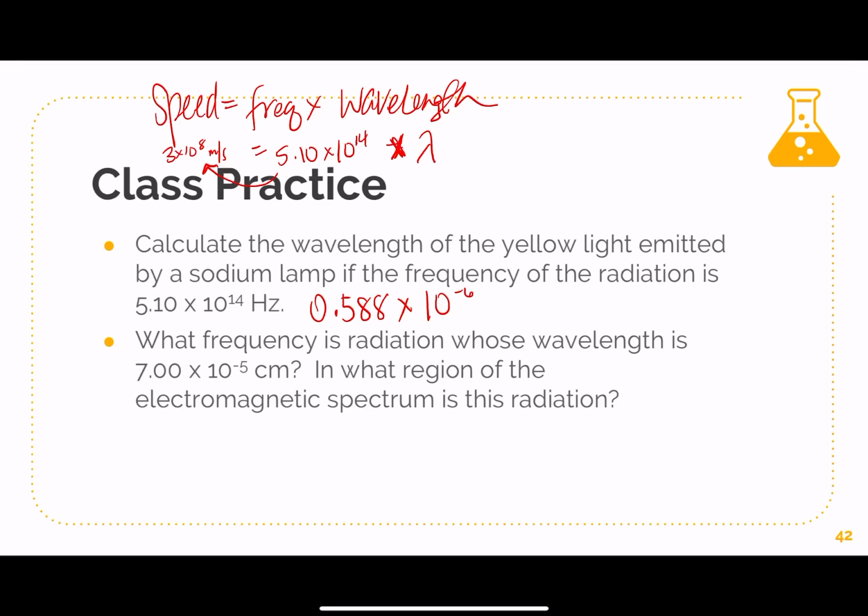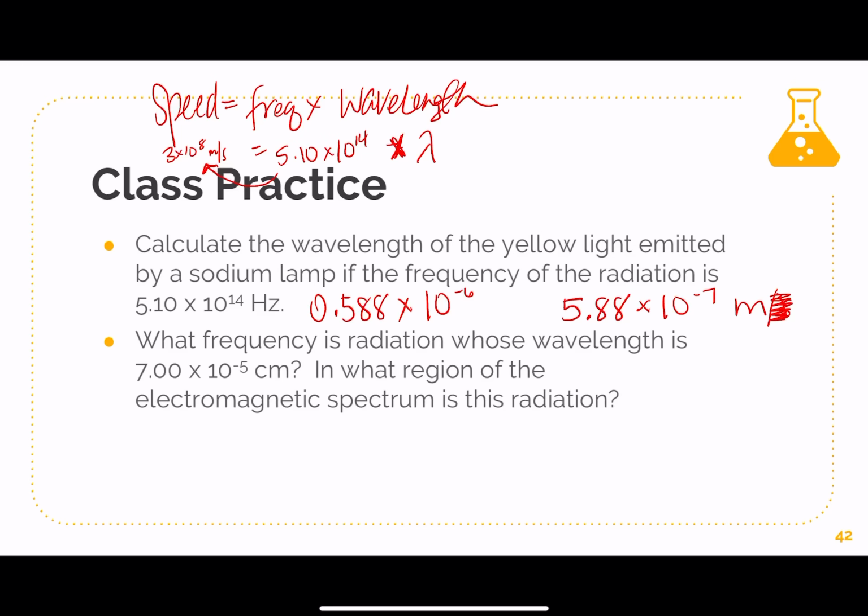Or in proper scientific notation, it would be 5.88 times 10 to the negative 7, and the wavelength is in a unit of meters, not per second, meters, okay?